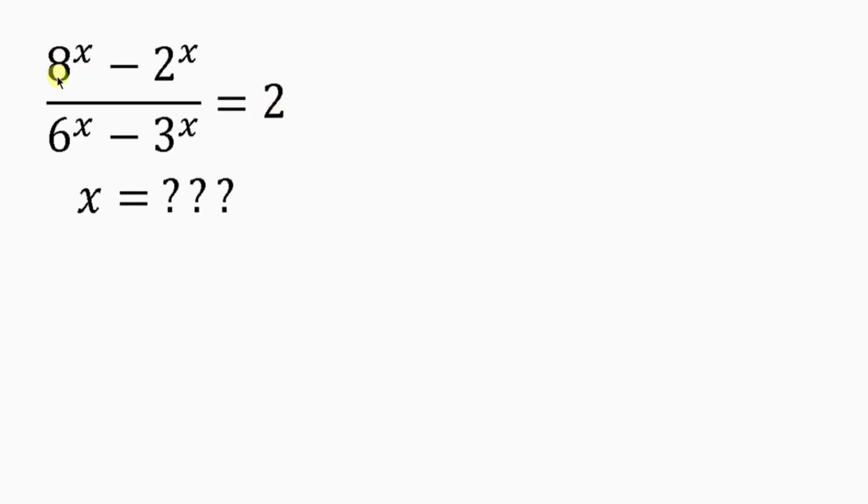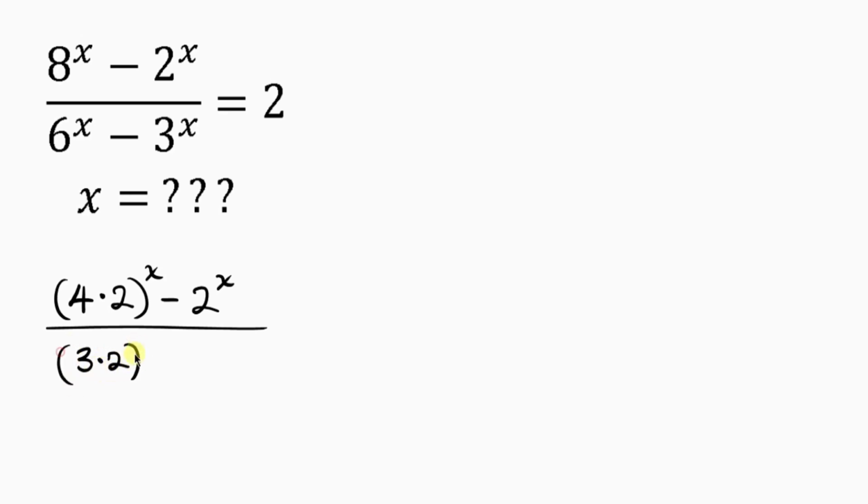Our first step is to simplify 8^x and 6^x. So 8^x can be written as (4 × 2)^x, and 6^x can be written as (3 × 2)^x.